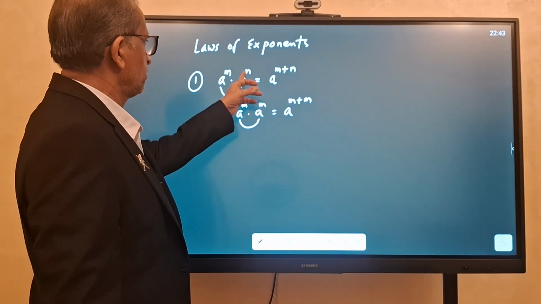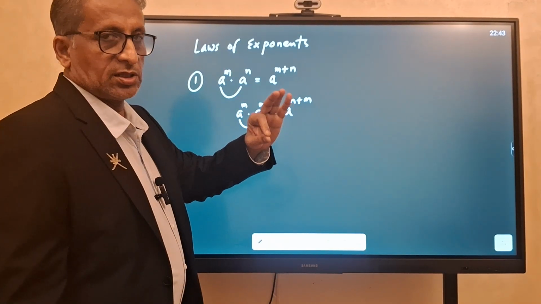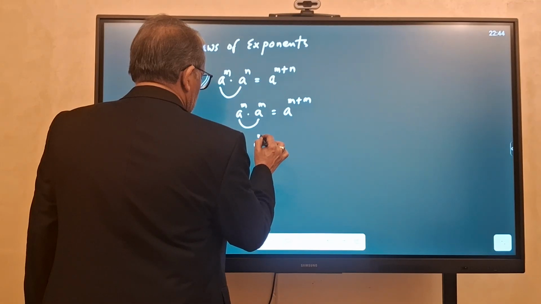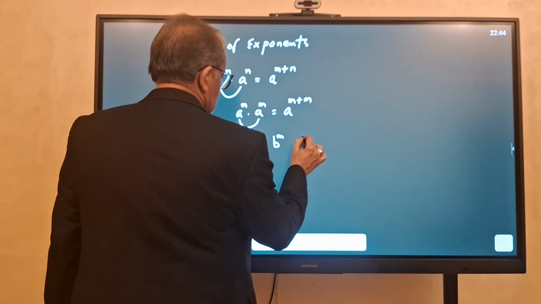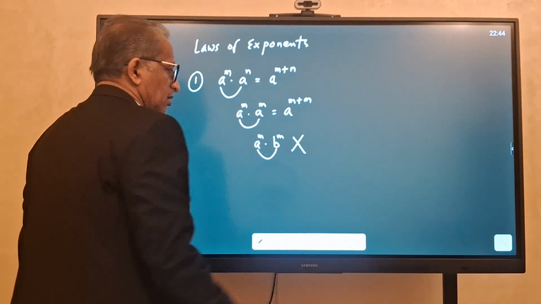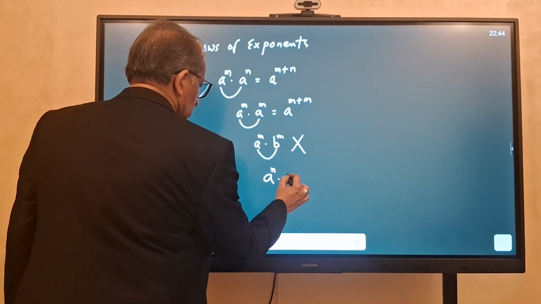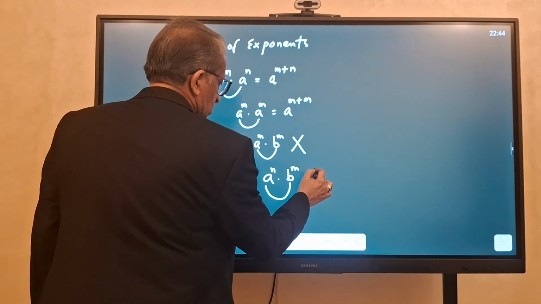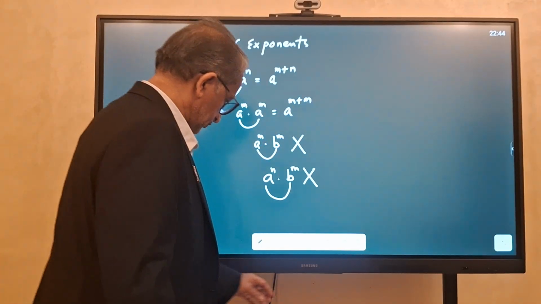The power may be different, the power may be the same, but the most important thing here is the base must be the same. a^m times b^m: this we cannot use formula number 1, because the bases are different. a^n times b^m: again, we cannot use formula number 1 because the bases are different.